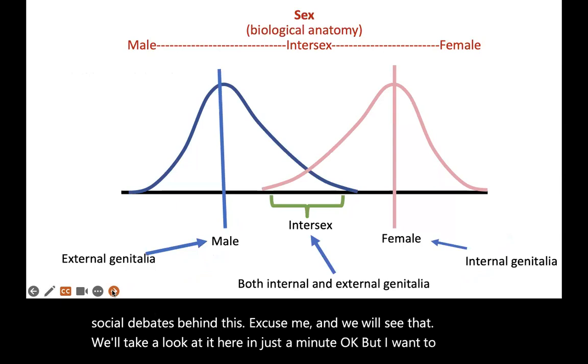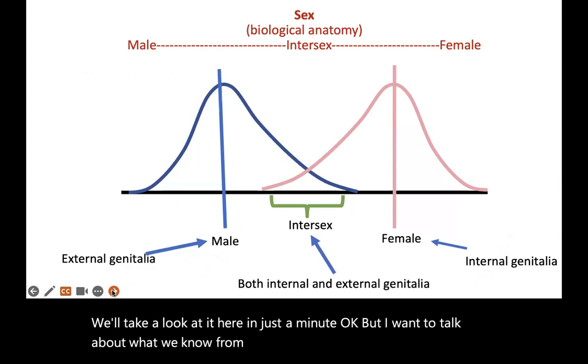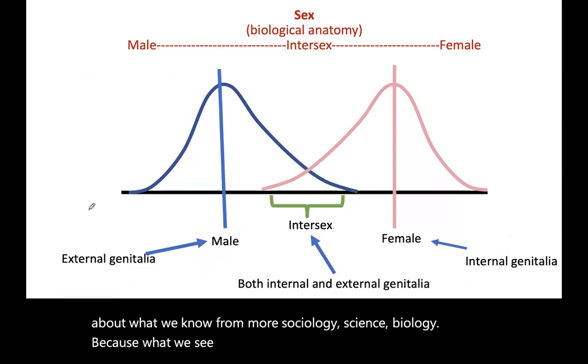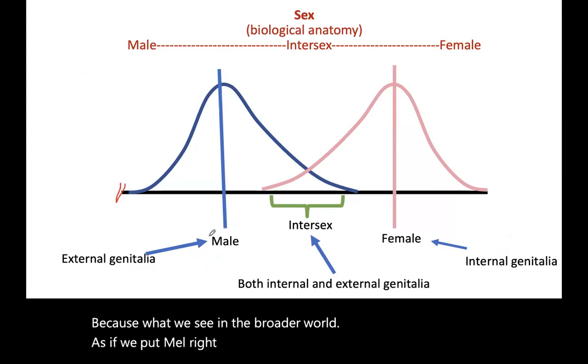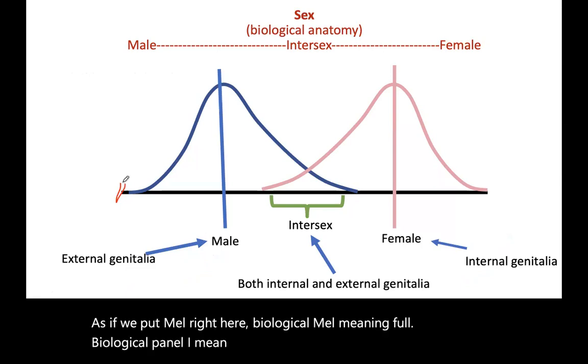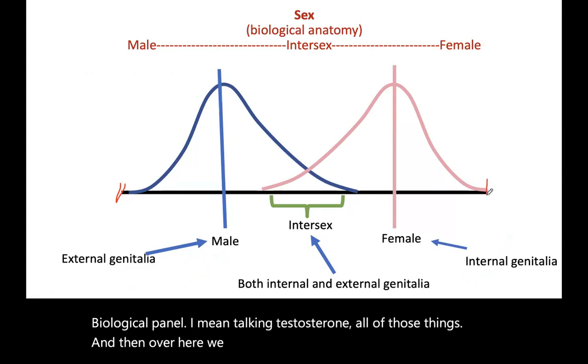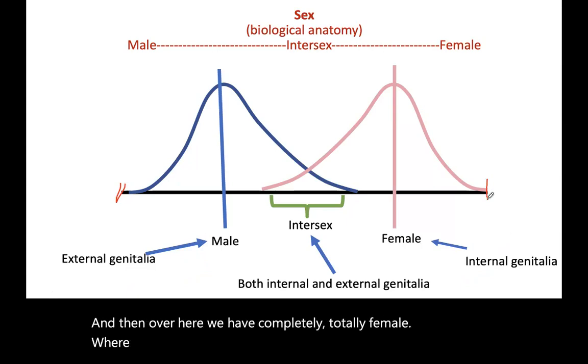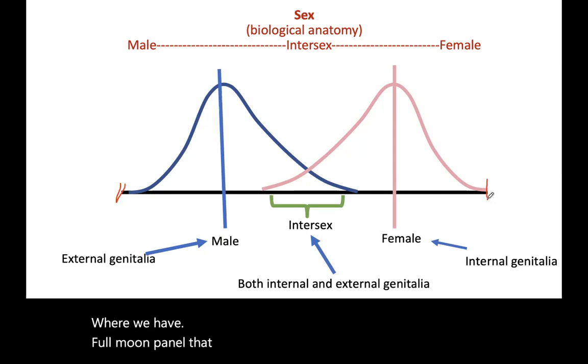But I want to talk about what we know from more sociology, science, biology, because what we see in the broader world is, if we put male right here, biological male meaning a full biological panel, I mean, talking testosterone, all of those things, and then over here, we have completely, totally female, where we have a hormone panel that is completely estrogen based and those types of things, okay?